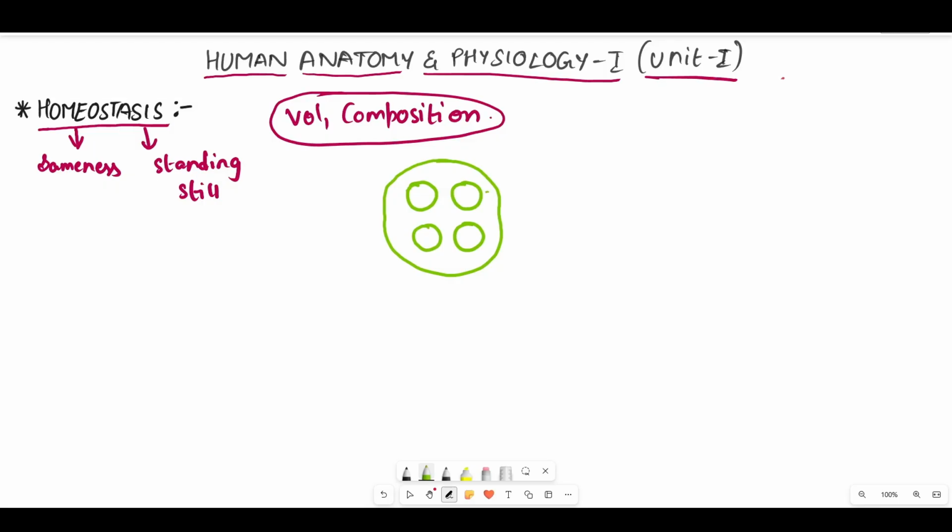The fluid which is present inside the cell is called intracellular fluid, and the fluid that is present outside the cell is called extracellular fluid, and the fluid that is present in between these narrow spaces is called interstitial fluid.